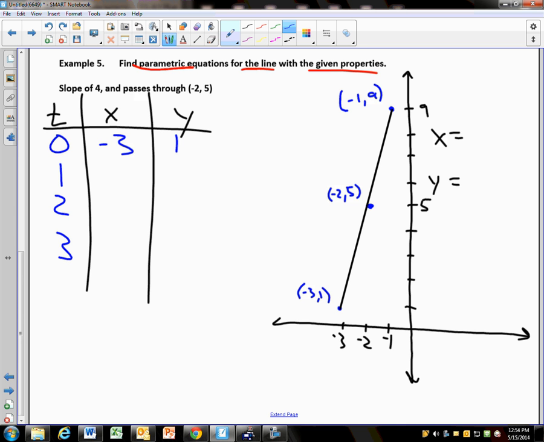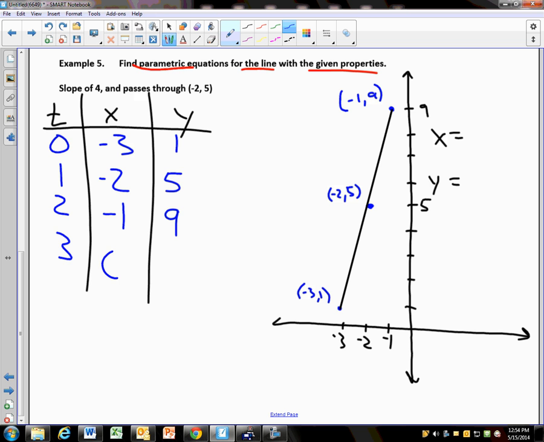Watch the change. At my next step, I go over and up. What's my new location for X? -2, Y is 5. I go over 1, up 4. My new location for X is -1, Y is 9.